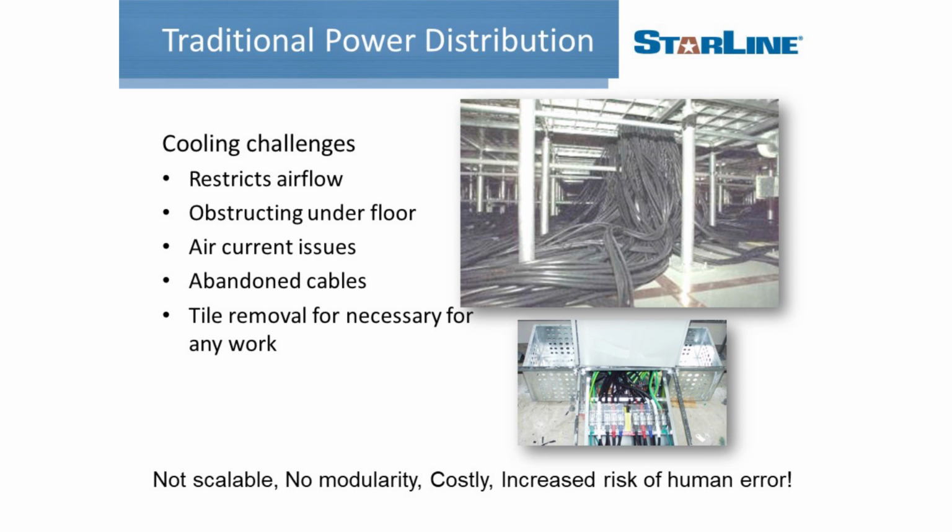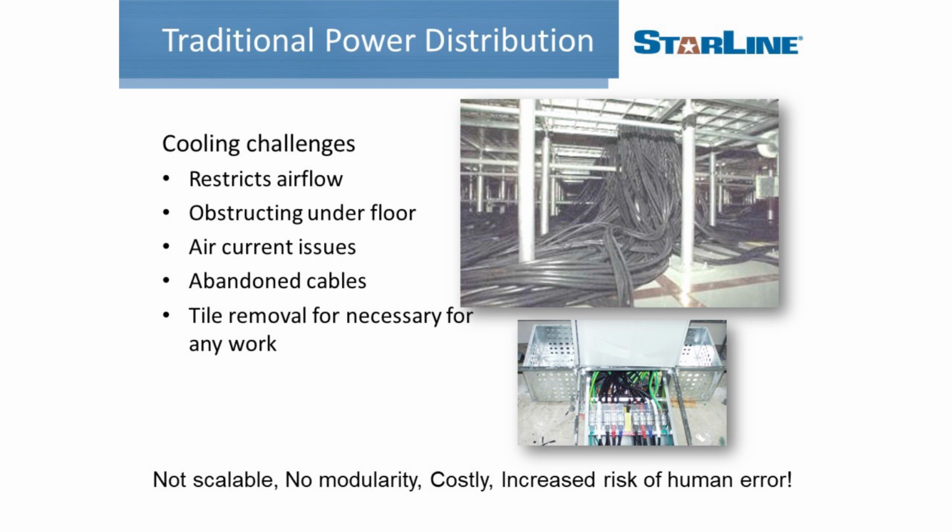So if you have a row of cabinets over by the wall, you're receiving the same pressure at the perforated tiles that maybe you have closer to the air conditioning units themselves. So these are all things that you need to be concerned with. Abandoned cables, we see situations where cables are just abandoned under the floor. So it just creates a rat's nest under there that you just don't want to have to deal with.